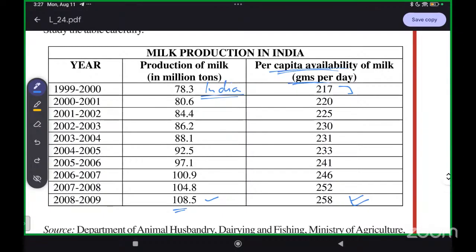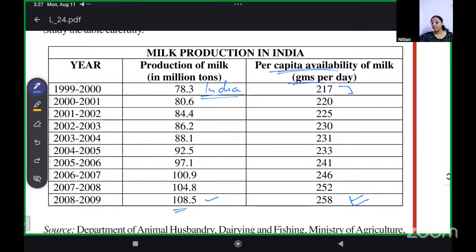With a lot of cows and a lot of people in the country, the production of milk is in million tons. All of these are the reasons.